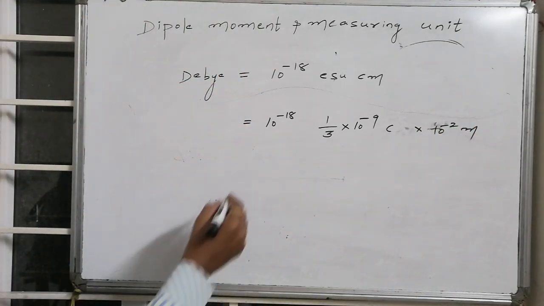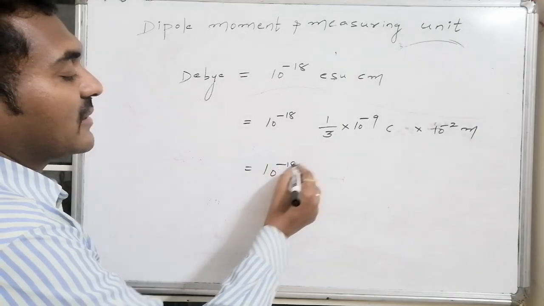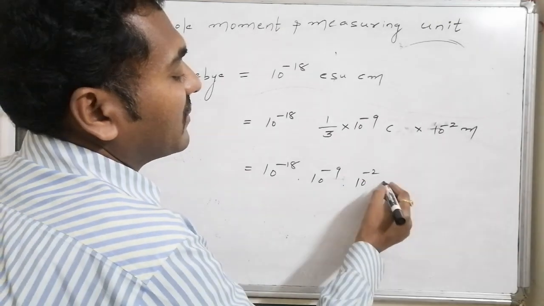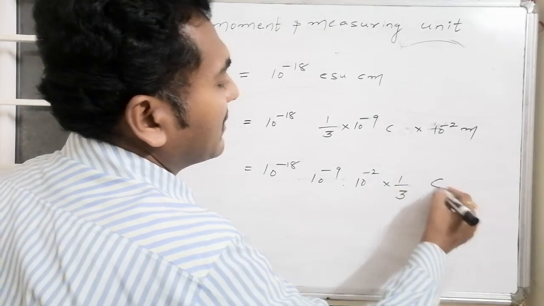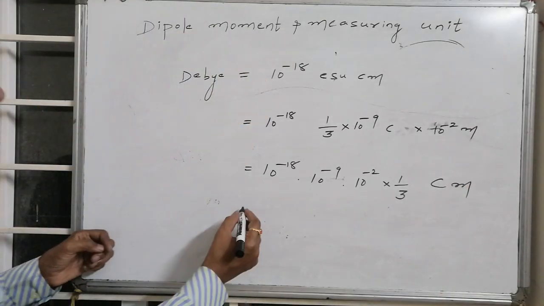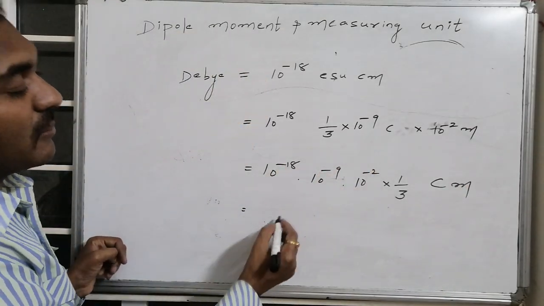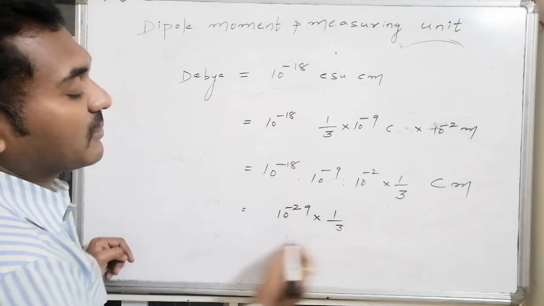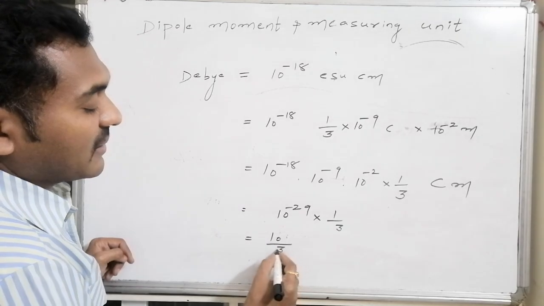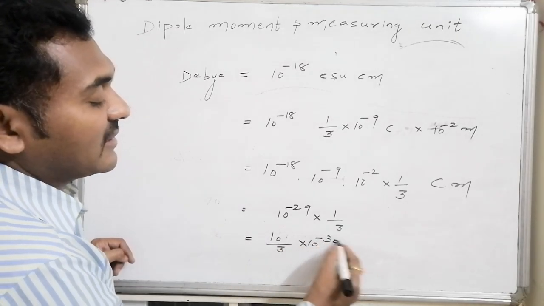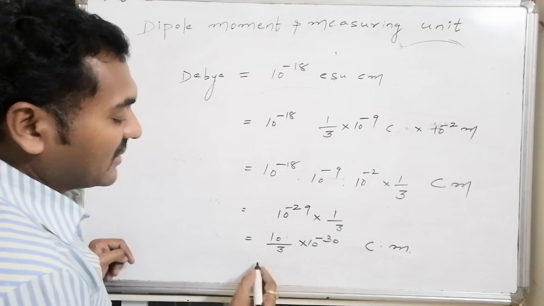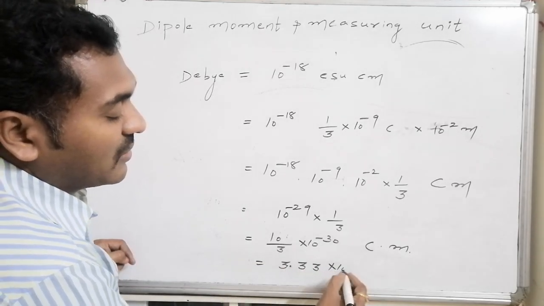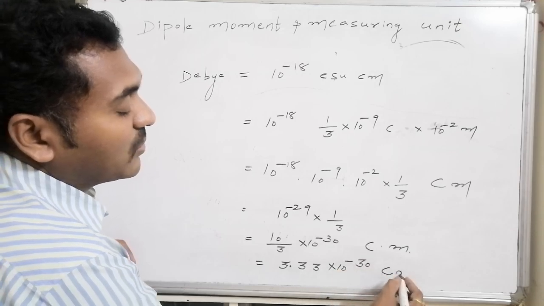Multiplying all of these, this is 10 power minus 18 into 10 power minus 9 into 10 power minus 2 into 1 by 3 coulomb meters. This becomes 10 power minus 29 times 1 by 3, which I can write as 10 by 3 into 10 power minus 30 coulomb meters, equal to 3.33 into 10 power minus 30 coulomb meters.